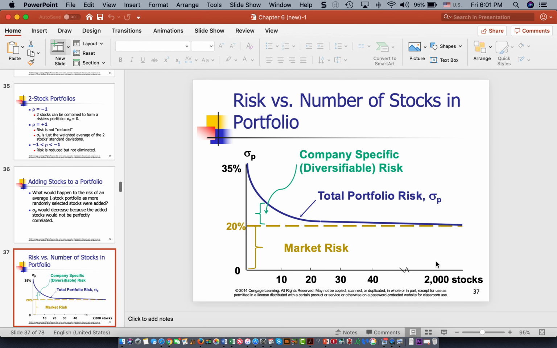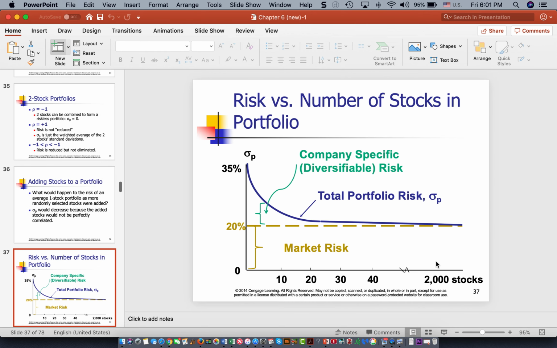If I hold only one stock, the risk would be 35%. But when I add many other stocks, risk started to go down, and at some point it cannot go down anymore. The 35% went to 20%, so 15% was reduced just by diversification.